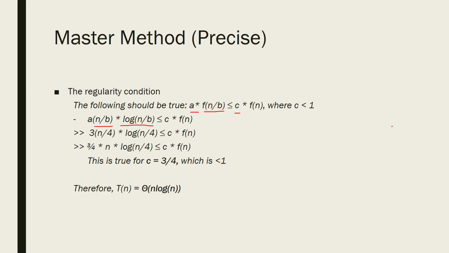We have our a as 3, our b as 4. So we fill that in, and then we can do some math to simplify this. And we see that we have essentially 3/4 times n log n, which is less than or equal to n log n times some c. And what that gives us is that if we use the c value 3/4, which is less than 1, we can make a formula that is greater than or equal to this 3/4 n times log n over 4. Therefore, since the regularity condition holds, we have theta n log n.